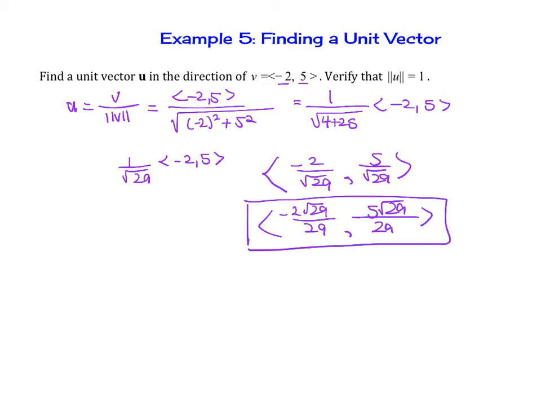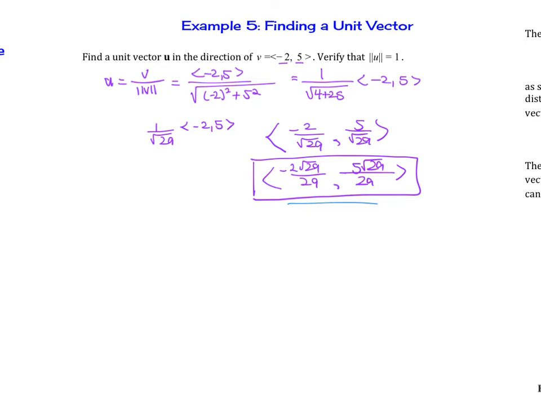Now, to verify that the magnitude is 1, what we're going to do is we just take this and then square it. So we're using basically the magnitude again. So you're doing this, and I'm going to use the one without a rationalized denominator. Negative 2 over root 29 squared plus 5 over root 29 squared.